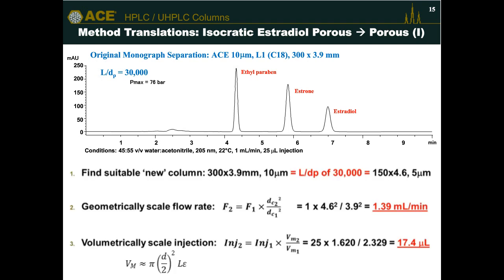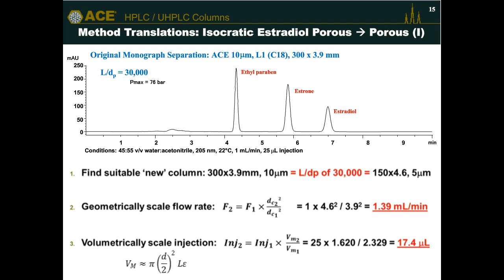We wanted to speed this up, so move to a 15 centimeter, 4.6 millimeter, so more standard ID, 5 micron particle. So the equations here we've seen before. We're scaling the flow rate and the injection volume based on the different columns that we've chosen. So it's suggesting a higher flow rate and a smaller injection volume.